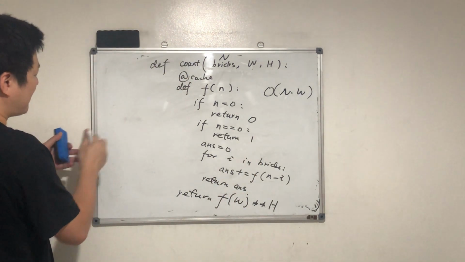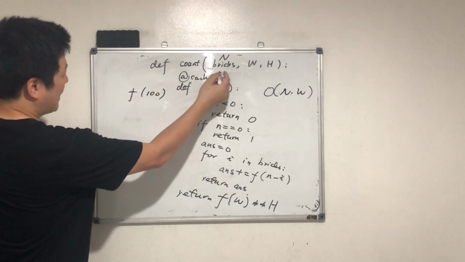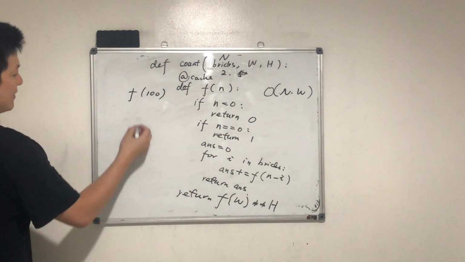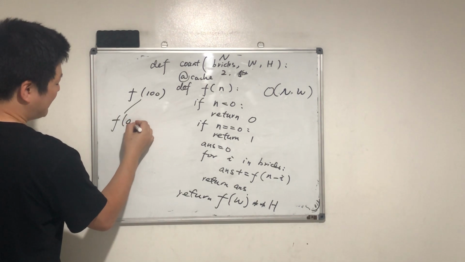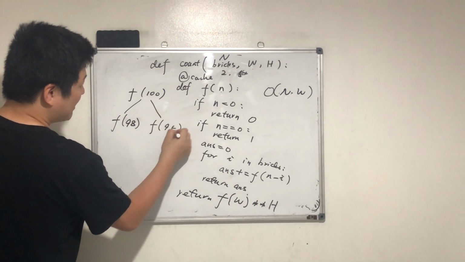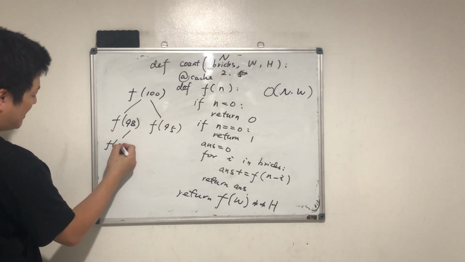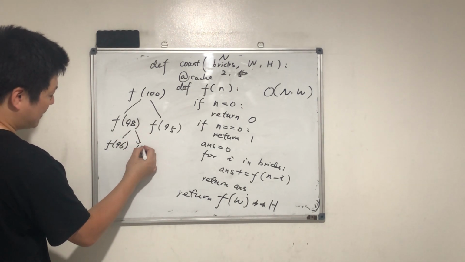Okay, I can give you an example. Let's say f(100), and the bricks are 2 and 5. You will need to calculate f(98) and then f(95), and then that will be f(96) and f(90).